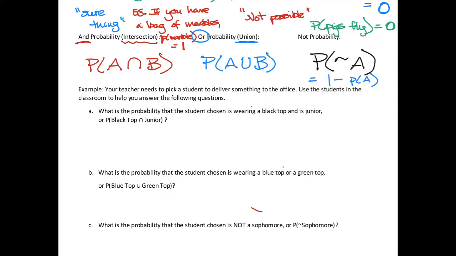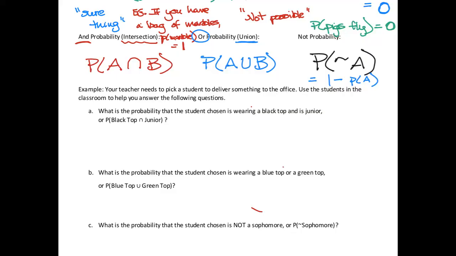That's 100%, right? So the probability of not being a girl would be 1 minus the probability of being a boy. Okay? That seems too complicated, but that's what it means.